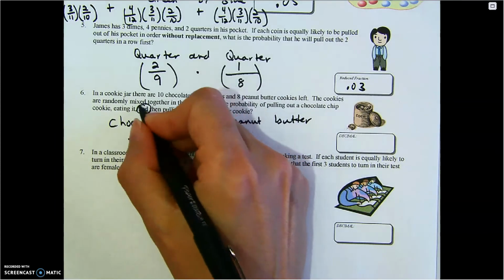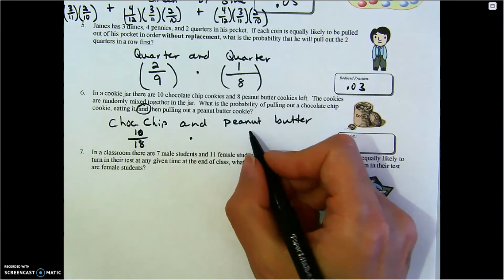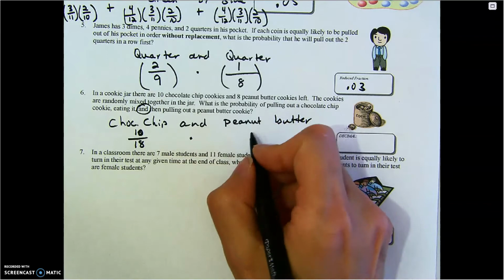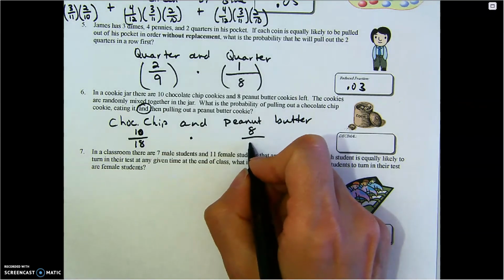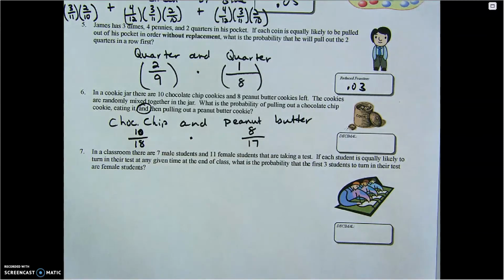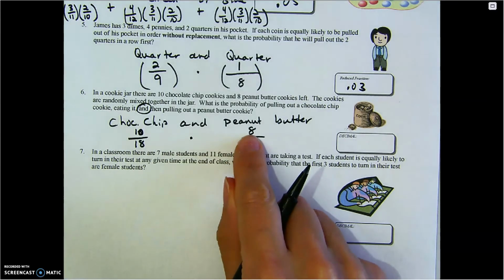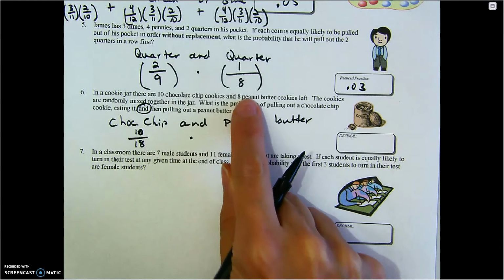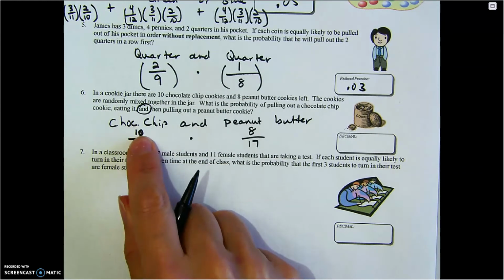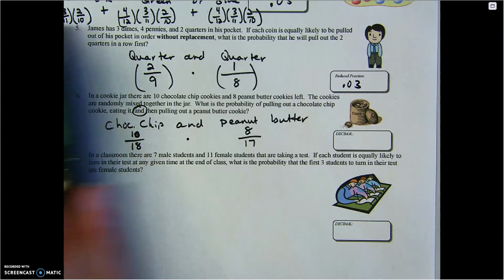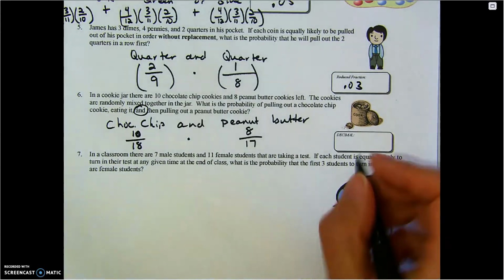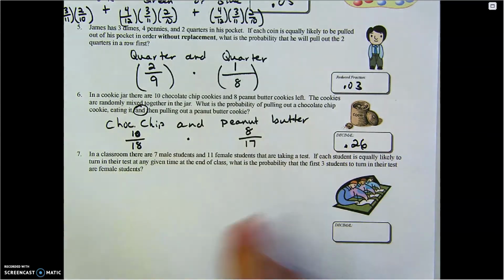So when I see that popping in there, I'm going to be multiplying. Peanut butter: there's 8 peanut butter, but we ate one of the chocolate chips, so we're down to 17 cookies now. Notice the 8 didn't decrease because it's not the peanut butter that we ate, it was the chocolate chip. Okay, so we've got 10 out of 18 times 8 out of 17, and you get 0.26.